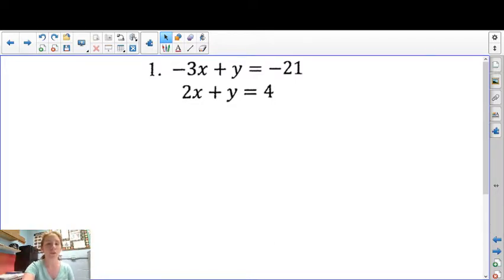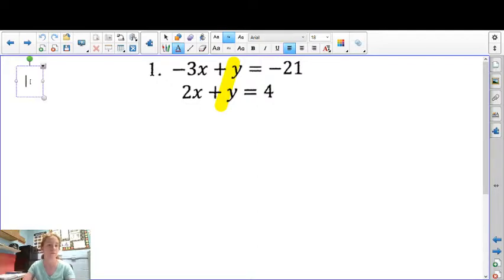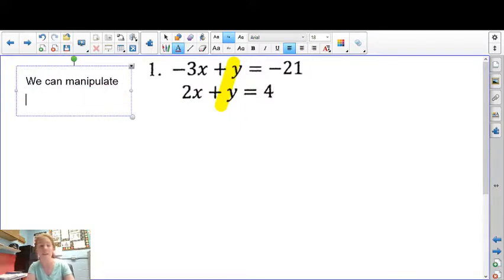So I want to get my highlighter. I want to get rid of the y's. That would be my ultimate goal because they're so close. One's positive, one's negative, and I'm like, oh, if only I could do subtraction. Or I know in the back of my mind that we can manipulate equations, functions, anything.